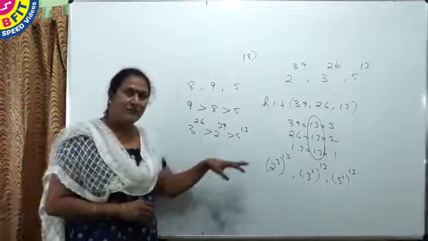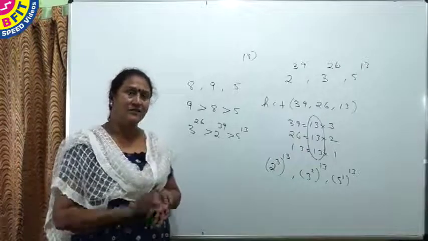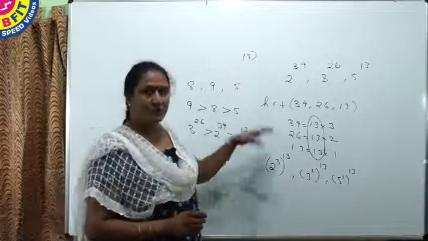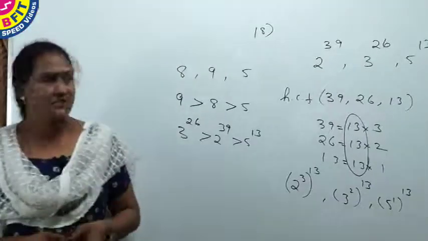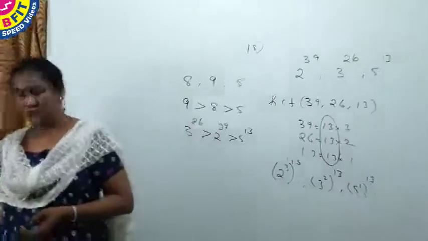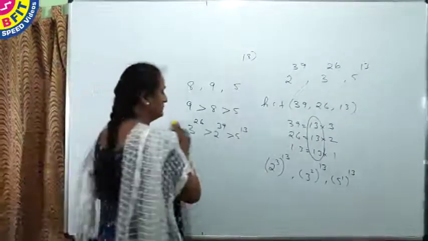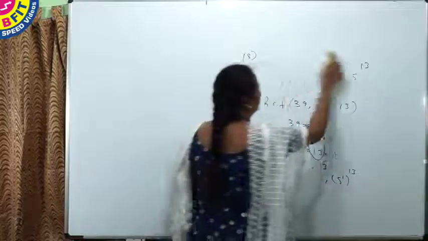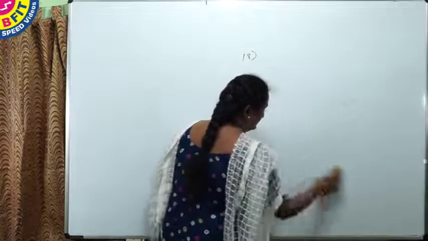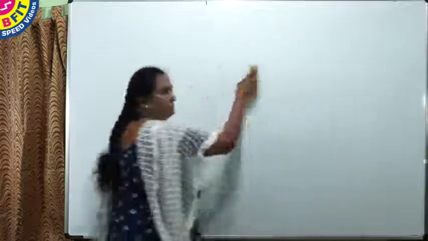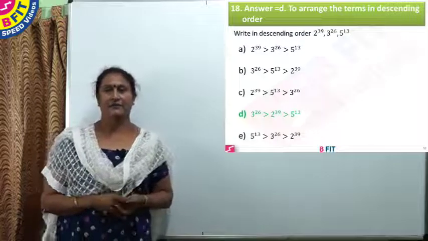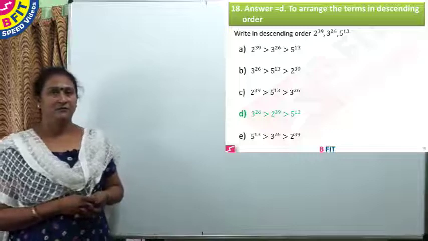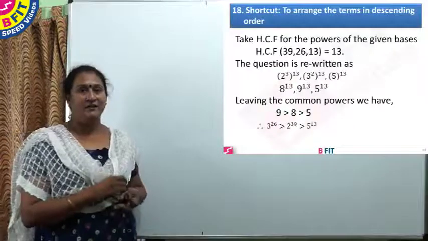This type of question they repeatedly ask in all the exams. So just go through these concepts and try to attempt this. It's very simple also. And the answer is option D. The working is given here clearly.